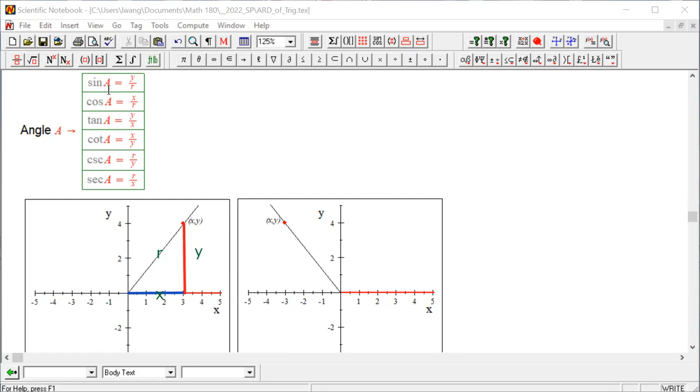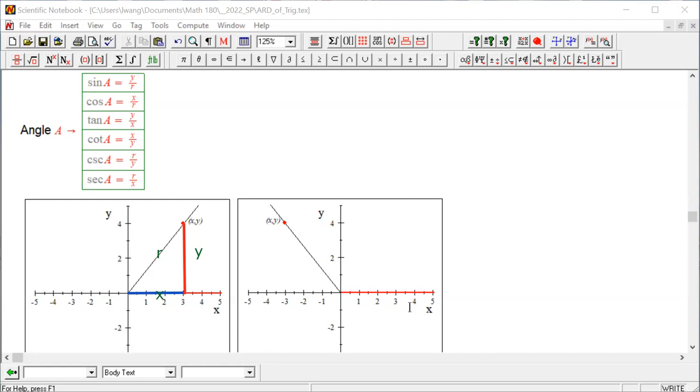Now sine is y over r. The hypotenuse is always positive. y in the first quadrant is positive. So the sine ratio of y over r in the first quadrant is going to be positive.